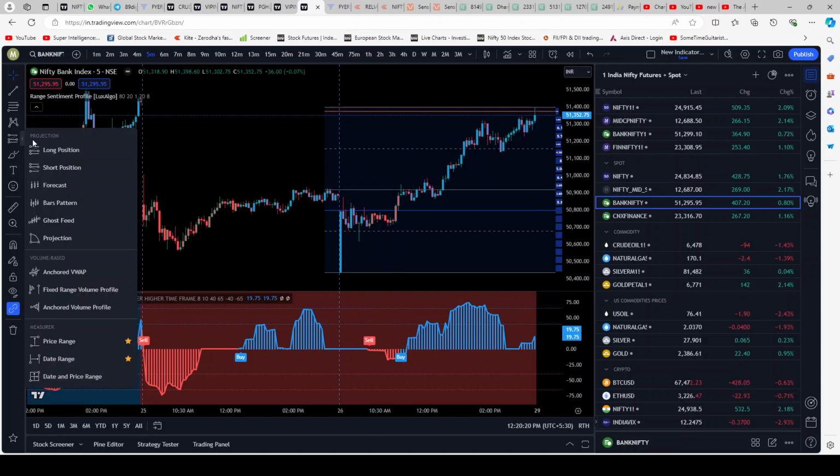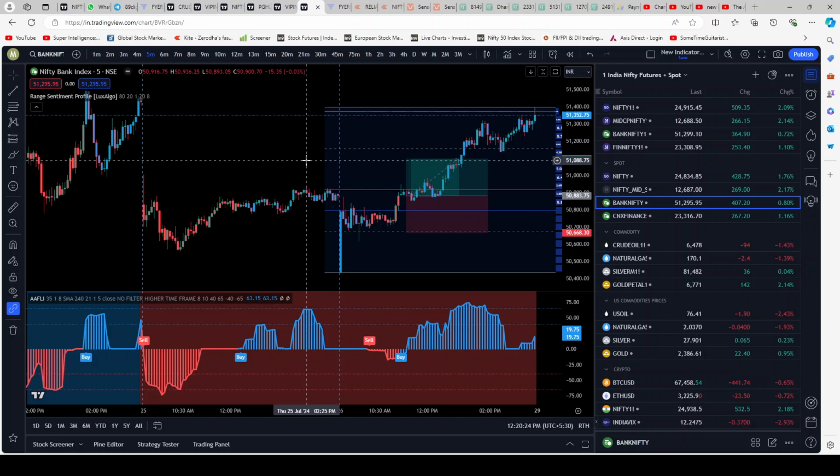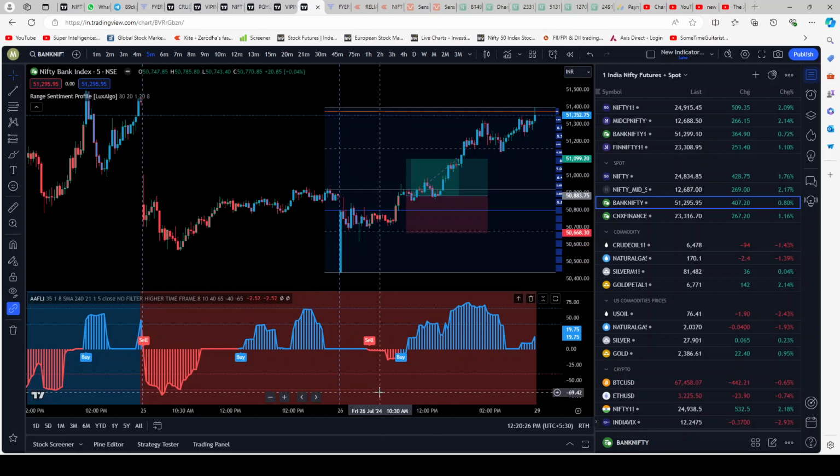If you set your risk to reward at about 1, say you got a buy signal over here and you bought, right? So you see over here, if you keep your risk to reward at about 1, you should most likely be successful. Again, nothing is for sure in terms of trading, but on a general note, a high win rate is possible.